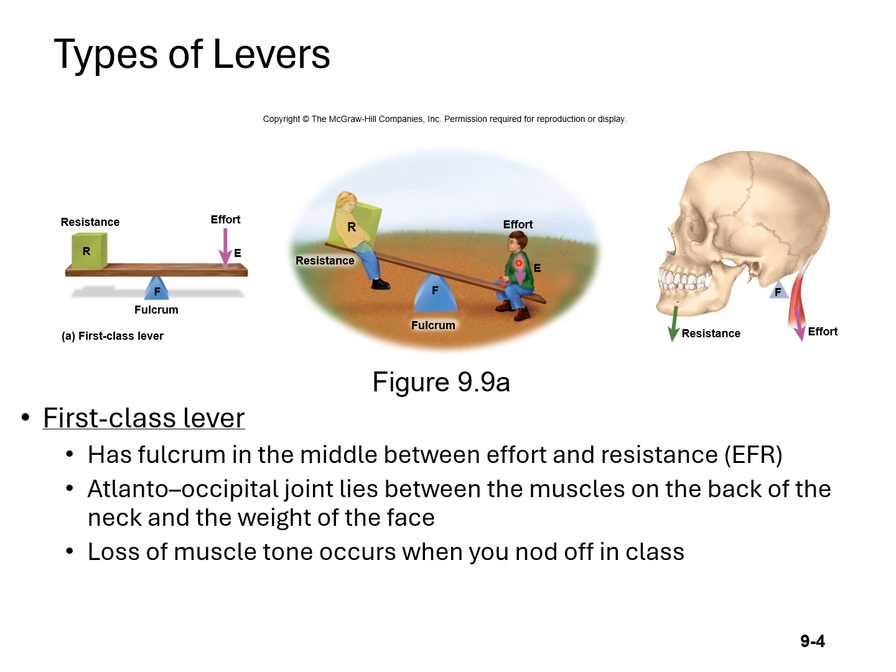If the fulcrum is in between the effort and the resistance, it has to be a first class lever. The atlanto-occipital joint lies between the muscles on the back of the neck and the weight of the face. So loss of muscle tone occurs when you nod off in class. If you lose the effort here, your head drops down. That would be an example of a first class lever.